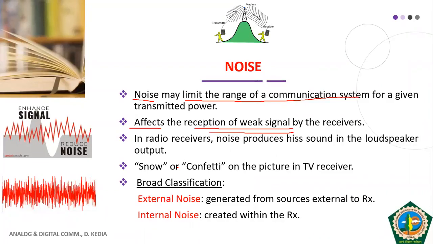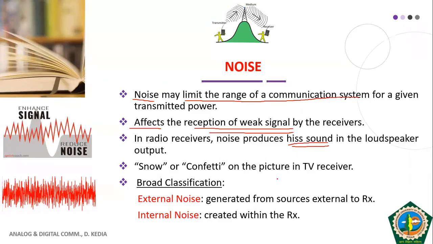Whenever we tune our AM radio or FM radio, till it is tuned, we hear some peculiar sound, or some hiss sound in the loudspeaker of the radio receiver. So that hiss sound or those peculiar sounds, till we tune our AM or FM receiver, is nothing but an example of noise.